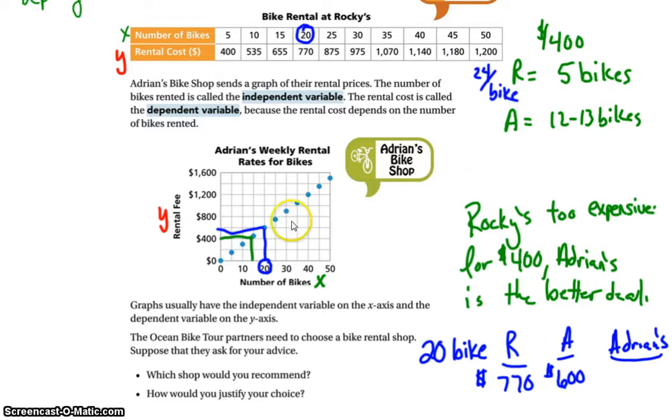Adrian's price is staying the same for the cost of a bike. So as we continue to move forward down this line of discussion, we need to be cognizant of the relationship between our independent and dependent variable.